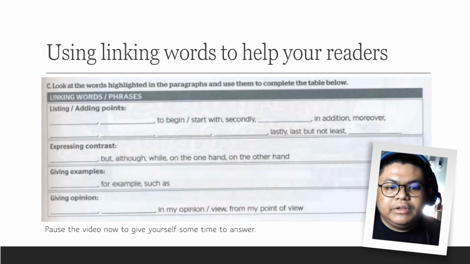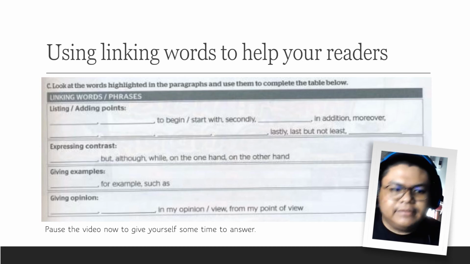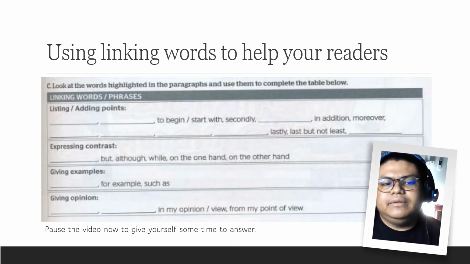Okay, for example, like on the one hand. Okay, on the other hand, although, but, while. Okay, so itu kalau kata statement ayat yang awak nak tulis seterusnya tu bercanggah ataupun it's the opposite of your previous sentence.